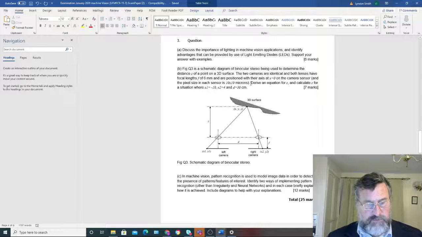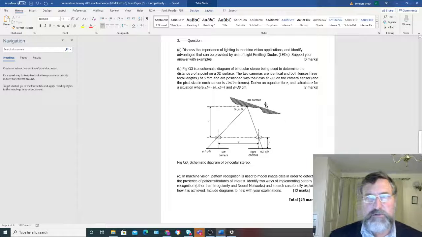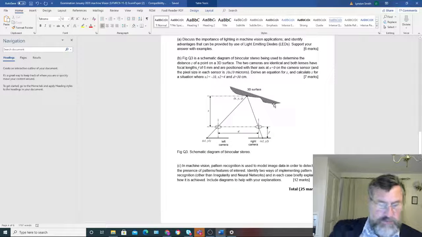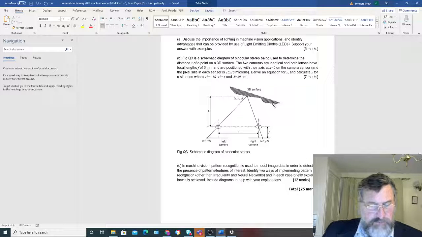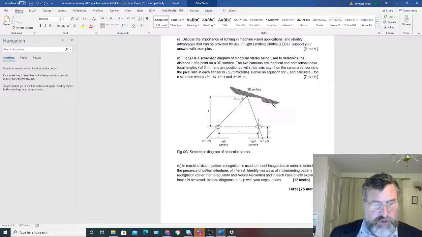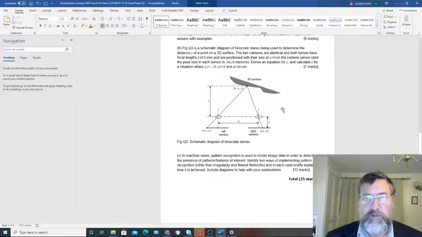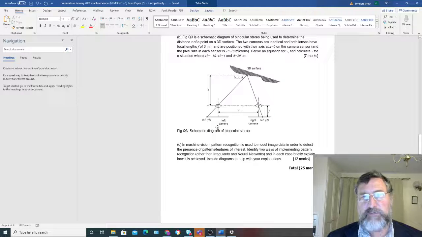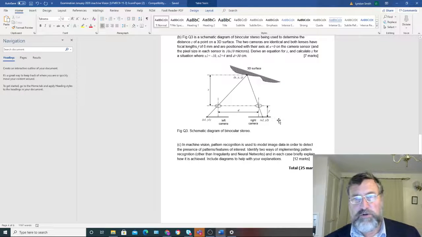This is quite a long-distance application, because when I worked this one out, I got 128,571 millimeters, which comes to 128.6 meters. So show all your work in a course and you shouldn't have any problems. It's just working out an example of how you find range with binocular stereo.